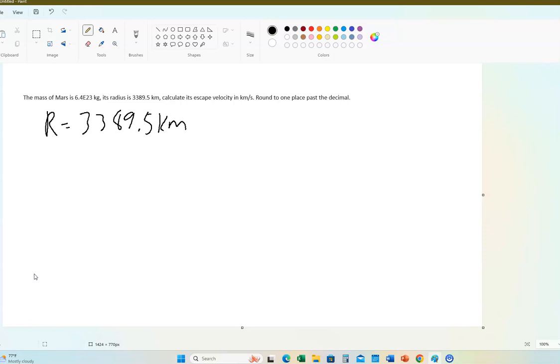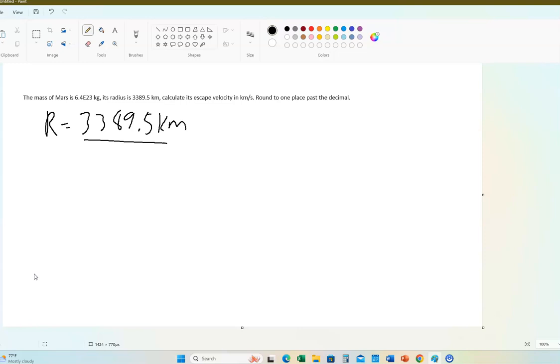One of your homework questions is to figure out what the escape velocity would be from this radius. This is the average radius of the planet Mars, the average height, if you will, of the planet Mars from the center.